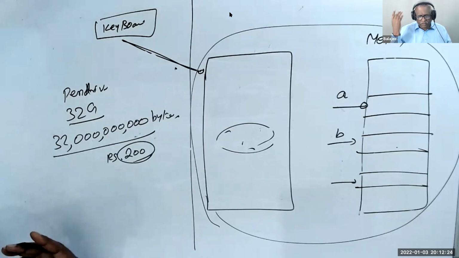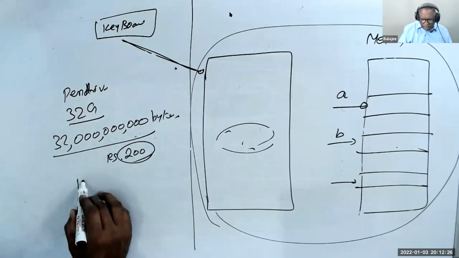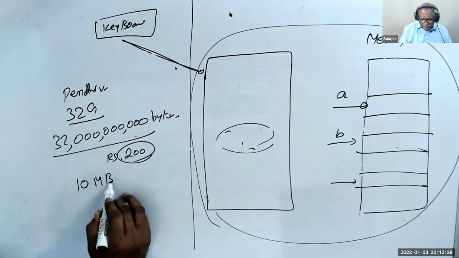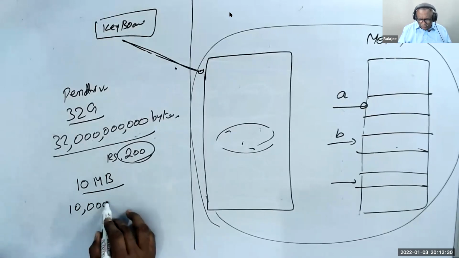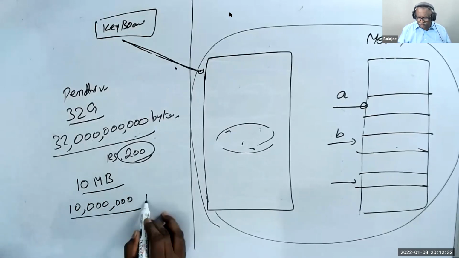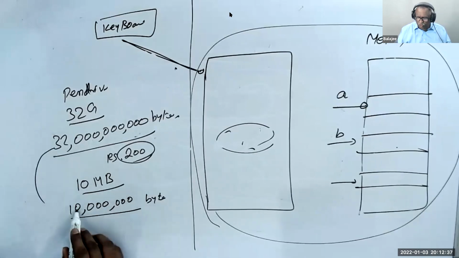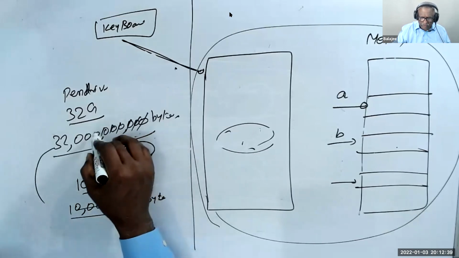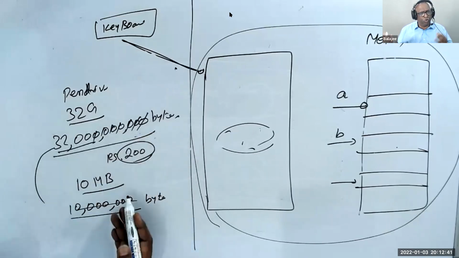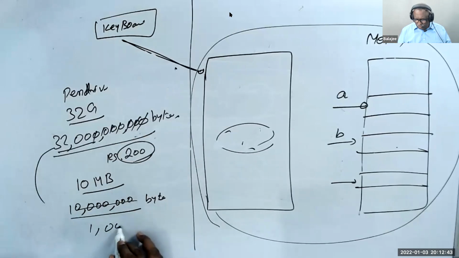But those days, even 10 megabytes, that is 10 followed by 6 zeros of bytes, was costing about crores.